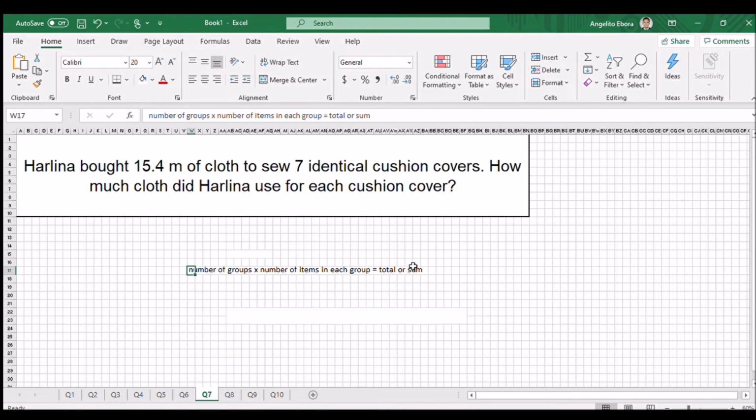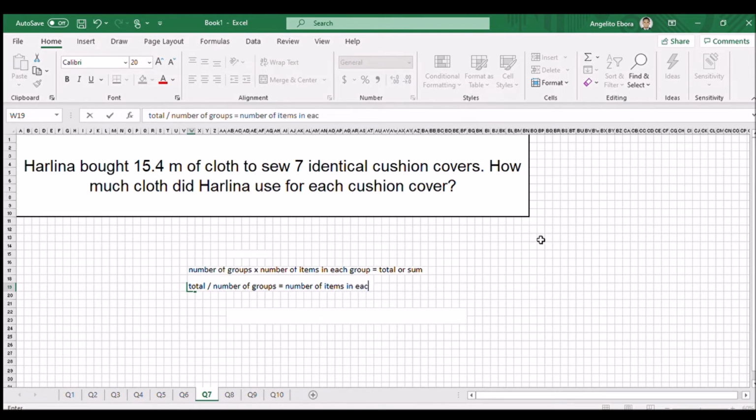That means we need to divide the total by the number of groups. So total divided by number of groups is equal to number of items in each group. Just remember this concept and you get the correct answer.